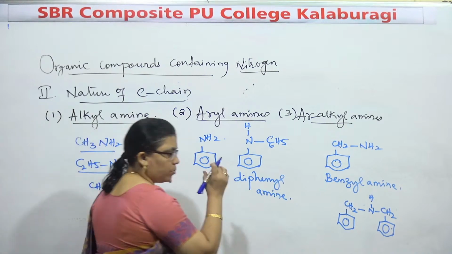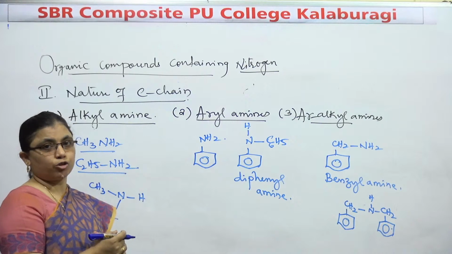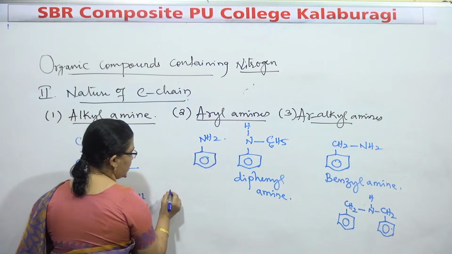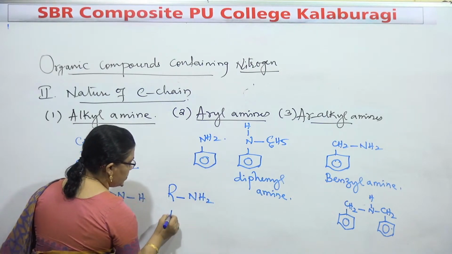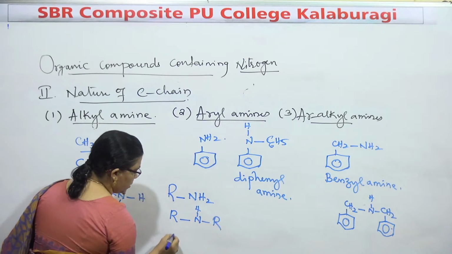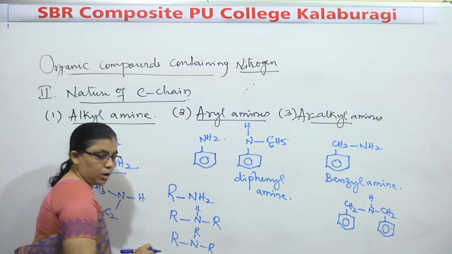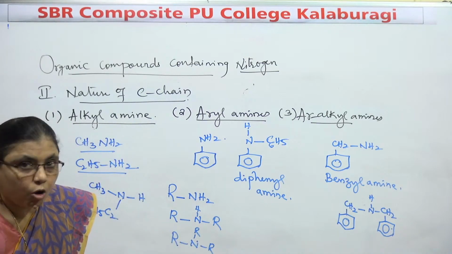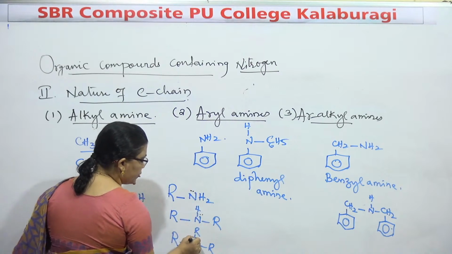Children, do you remember that whenever we write a molecule with lone pair of electrons, like amines, maybe primary, maybe secondary, maybe tertiary, this additional point we need to remember that all these contain lone pair of electrons on nitrogen.